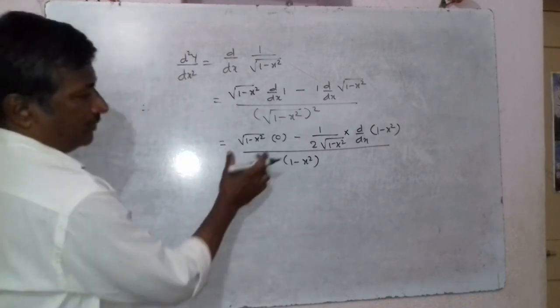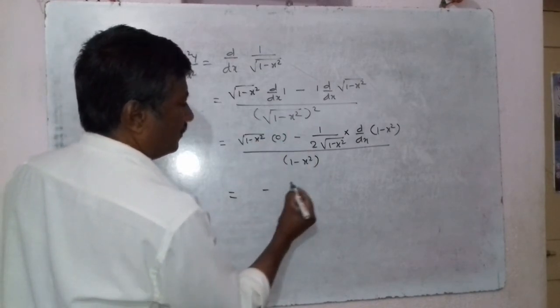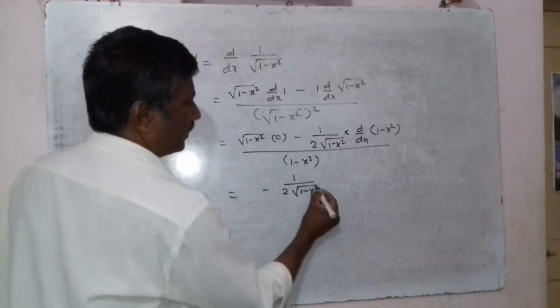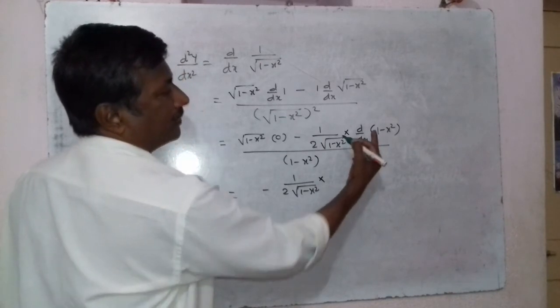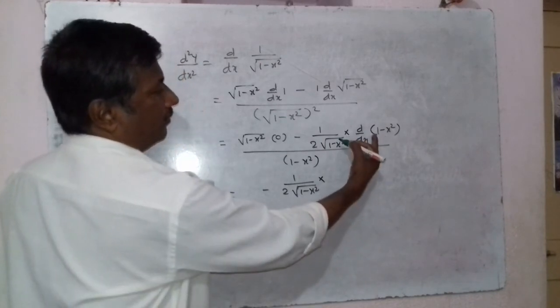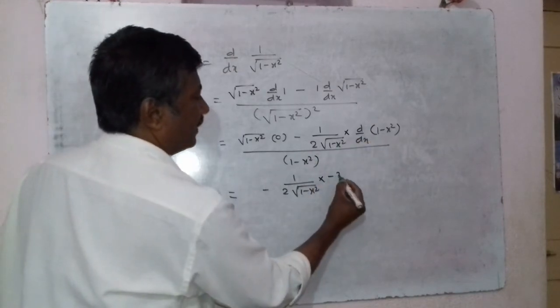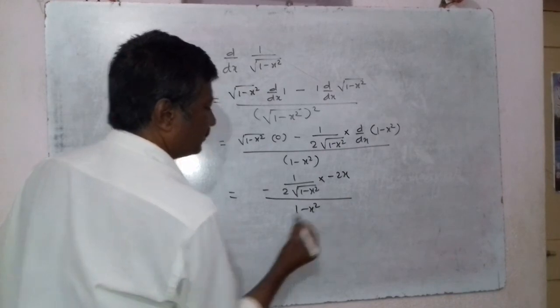Derivative of 1 is 0, and minus x square becomes minus 2x.